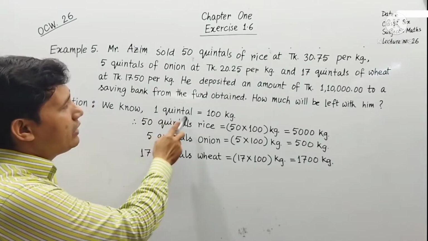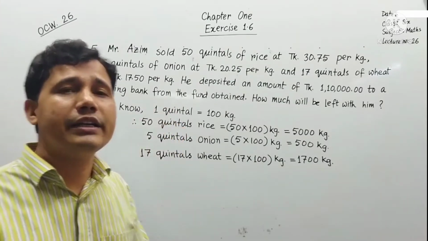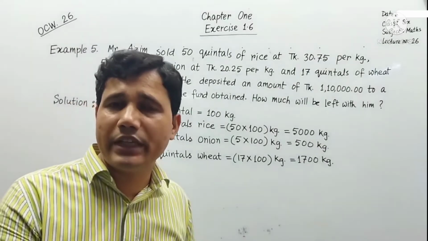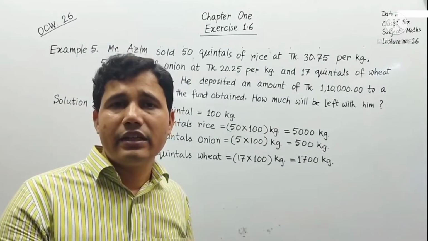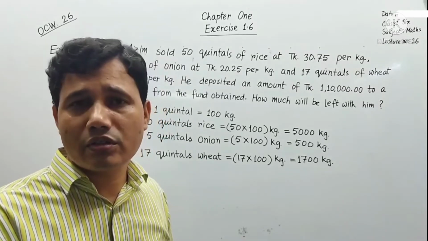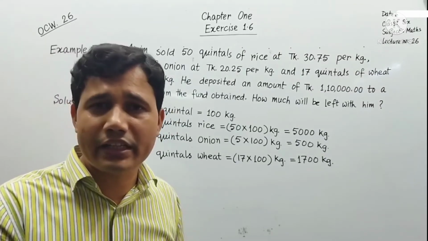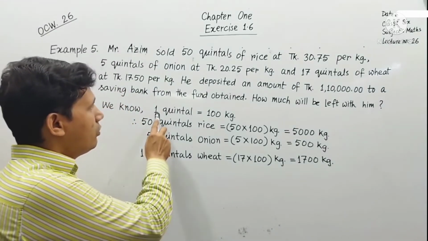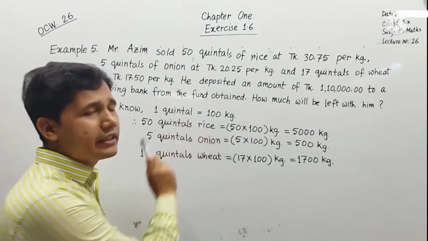We know 1 quintal is equal to 100 kg. At first, quintals will be converted into kgs. Then we'll find out the cost or price of the items. Okay? Now look. 1 quintal is equal to 100 kg.